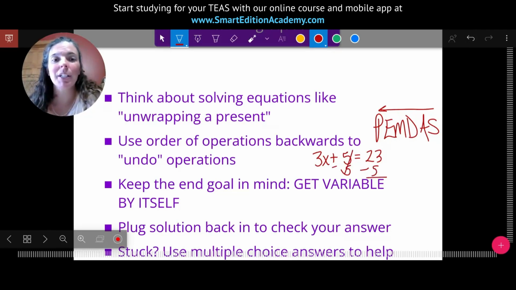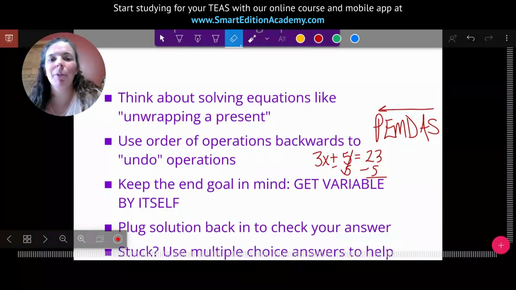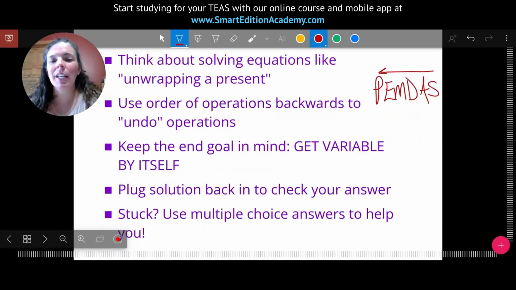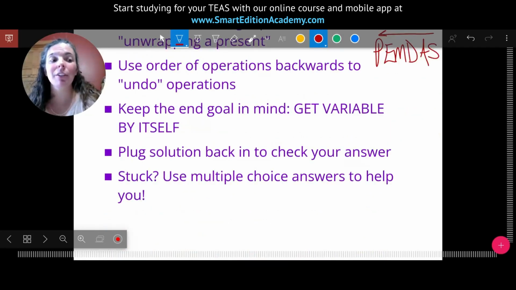So we're going to talk a lot more in depth about this, but that's what I mean by doing order of operations backwards. Okay, always important to keep the end goal in mind. Your end goal is to get the variable by itself. So everything that you do should be with that goal in mind. How can I get the variable by itself? And sometimes we take extra steps, and that's okay as long as we get to that end goal. But trying to keep that in mind can help us be a little bit more efficient.